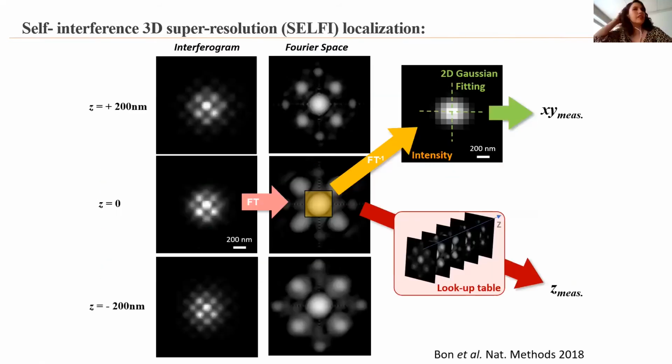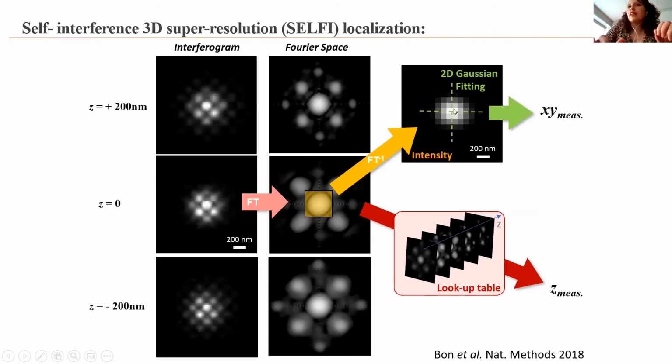So how do we retrieve the information from SELFI? What we do is image a fluorescent nanobit that we are going to use as calibration. And we make images for different positions along Z of this fluorophore. After, we calculate the Fourier transform, and we will have images of the Fourier space for each position in Z. Now, to determine the X and Y position, we take the intensity and make a 2D Gaussian fitting.